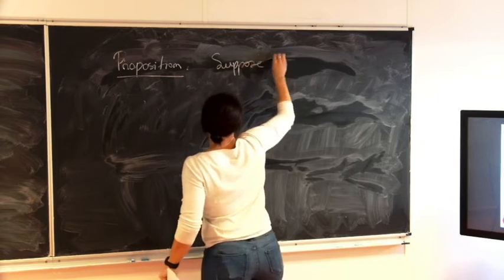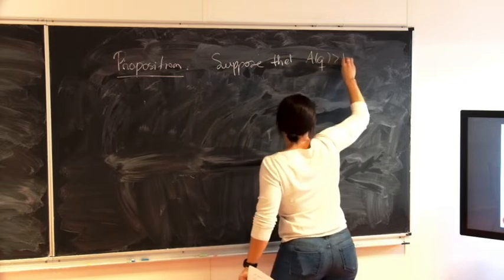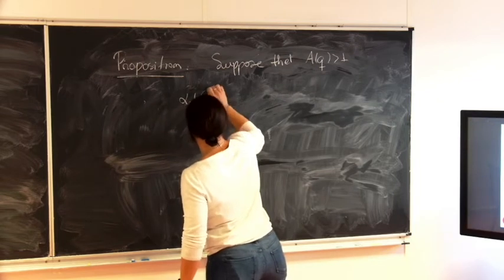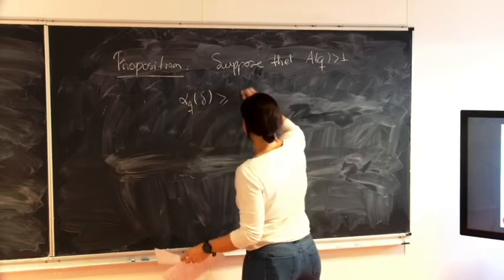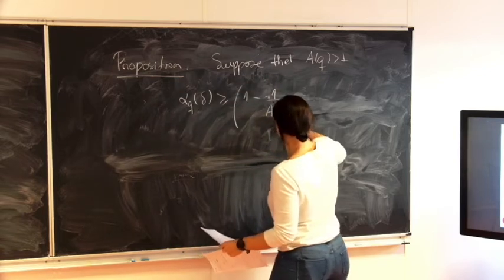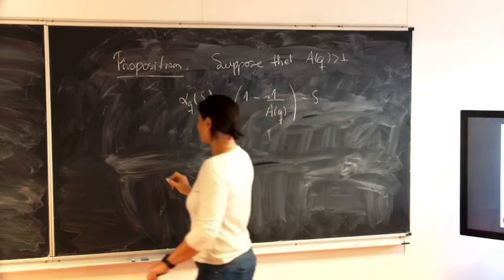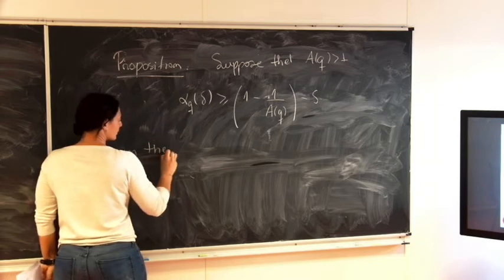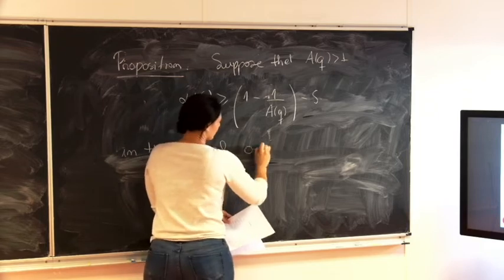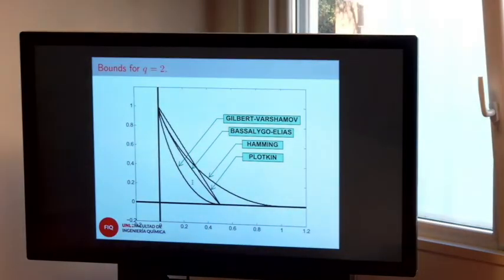So suppose that you know that A of q is bigger than 1. So you can get a lower bound for the Manin function using this quantity A of q, in the interval up to 1 minus 1 over A of q.